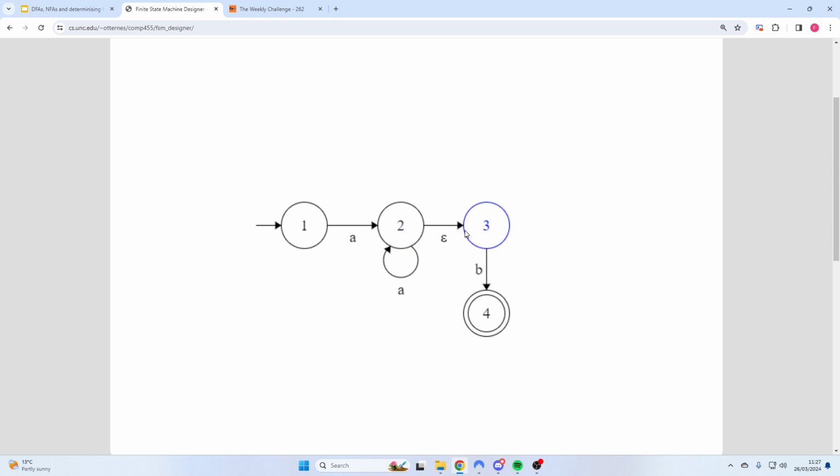So if we were at 3 here, A would not be accepted because there's no A coming out of here, and in partial automata again, we can just instantly reject it rather than having a fail state. But if we were at 2, we could go A in on itself again, and we're still at 2 and 3 simultaneously. And then finally, B would be rejected from 2, but from 3 B would be accepted.